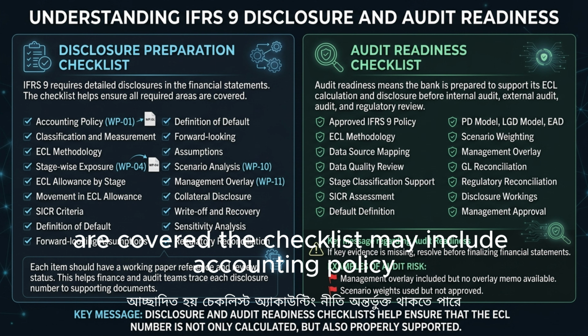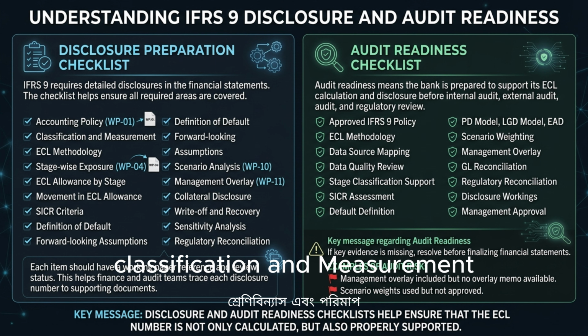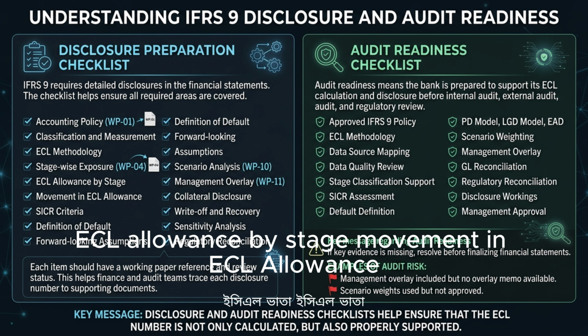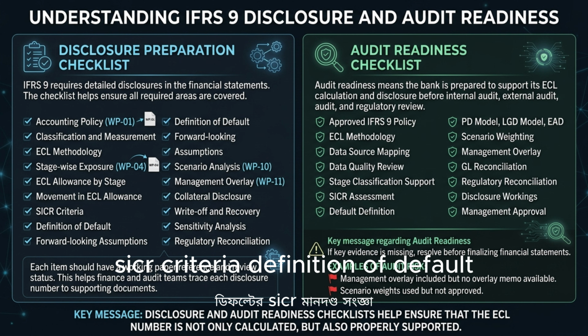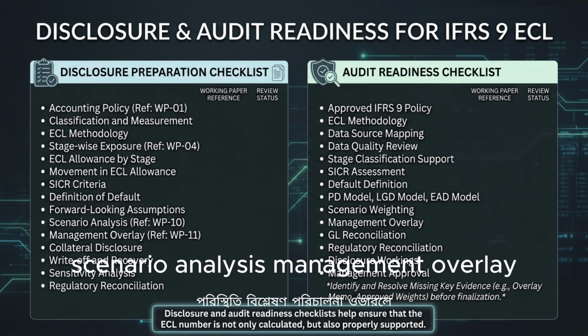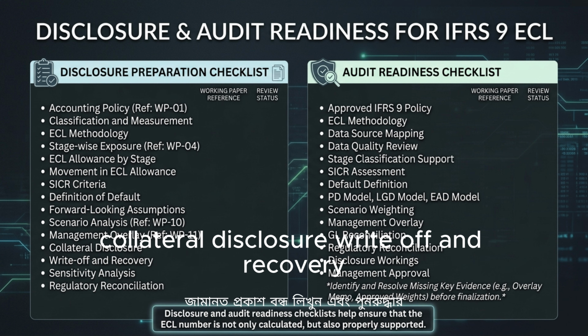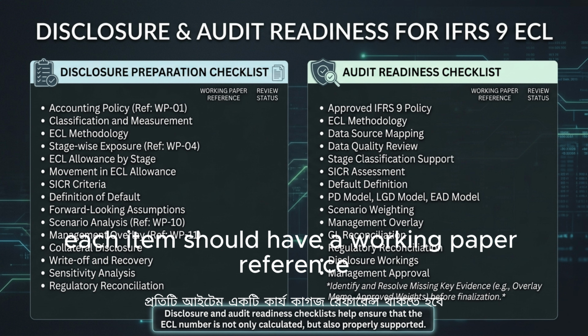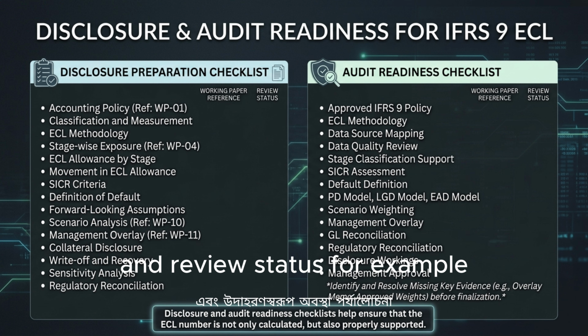The checklist may include accounting policy, classification and measurement, ECL methodology, stage-wise exposure, ECL allowance by stage, movement in ECL allowance, SICR criteria, definition of default, forward-looking assumptions, scenario analysis, management overlay, collateral disclosure, write-off and recovery, sensitivity analysis, and regulatory reconciliation. Each item should have a working paper reference and review status.